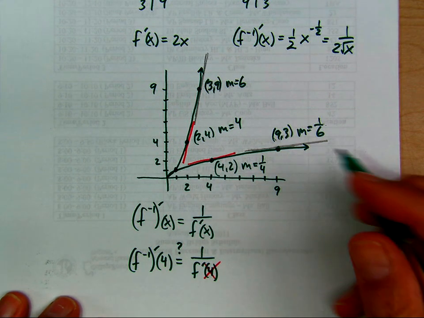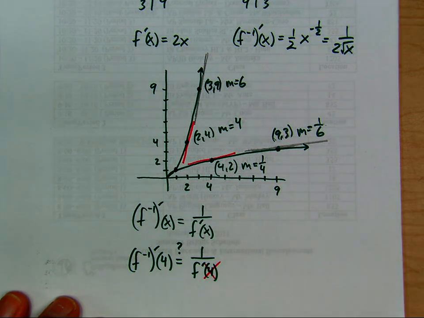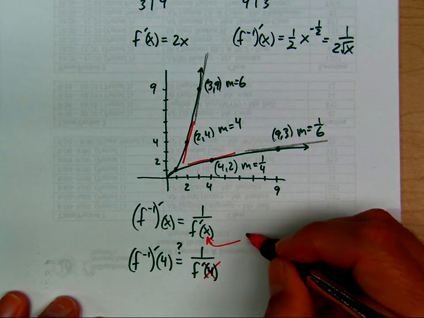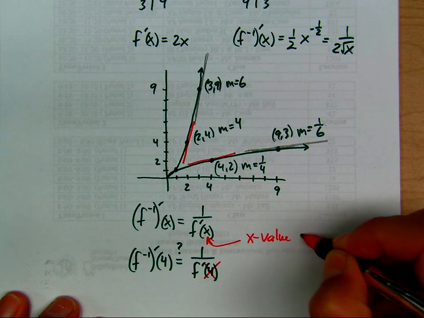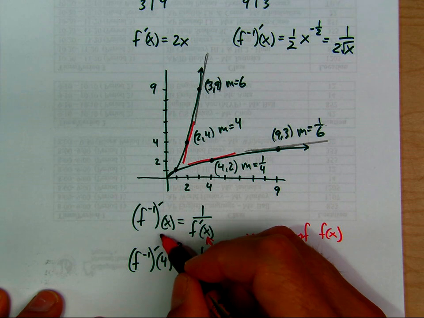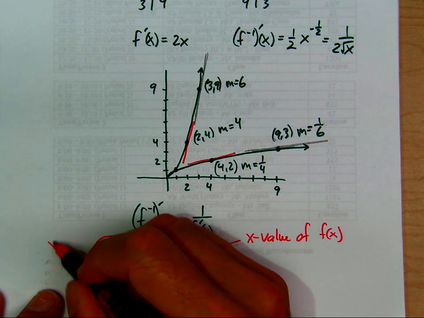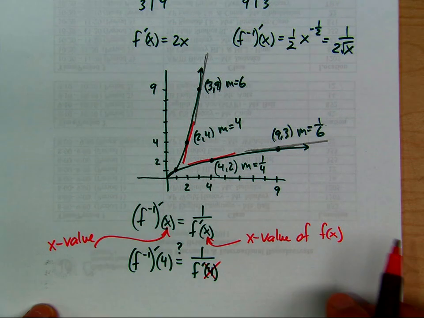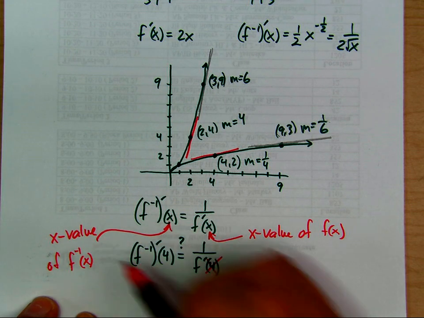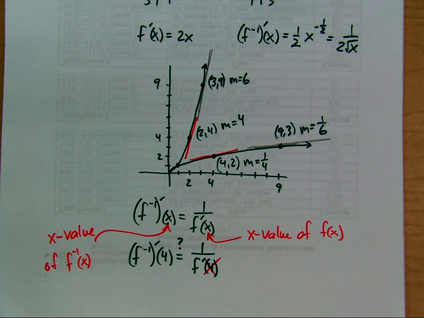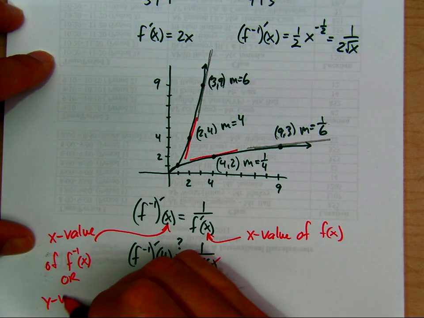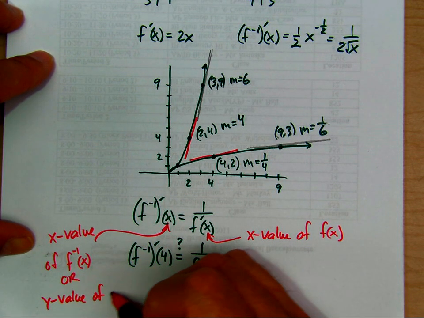So here is how we have to understand this. This is an x value of f. This is an x value of the inverse of f. Or we could say it's a y value of f.